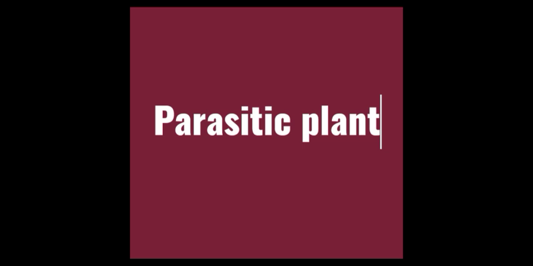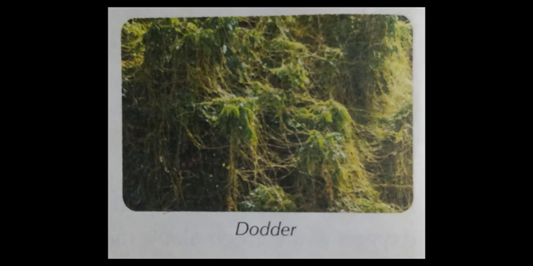Some parasitic plants are Rafflesia, Mistletoe, Dodder, Cuscuta, etc. In the next picture, as you can see, is a carnivorous plant.